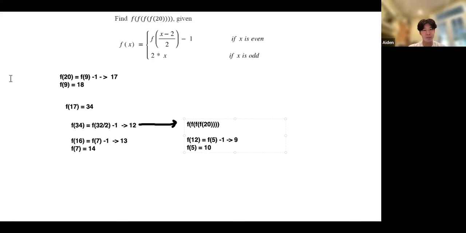So essentially this function down here is just to find the very outside f, which is that one right there. This one is kind of confusing since there are a lot of functions layered in each other. But that's essentially it. If anyone has any questions.